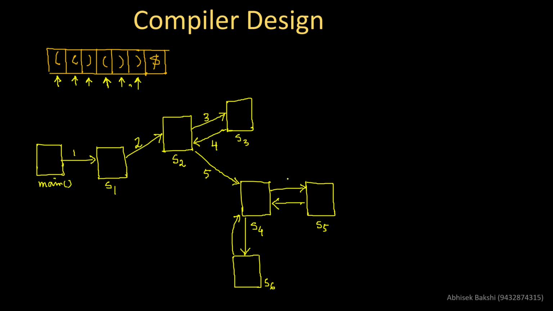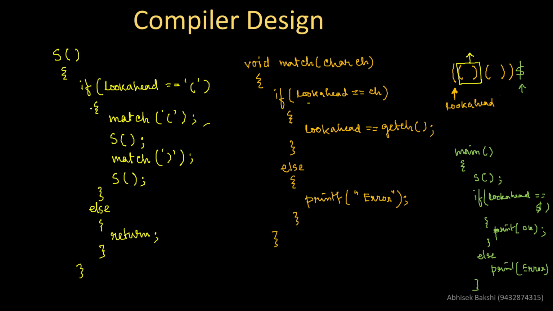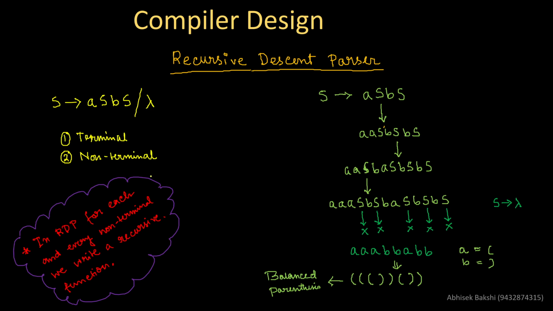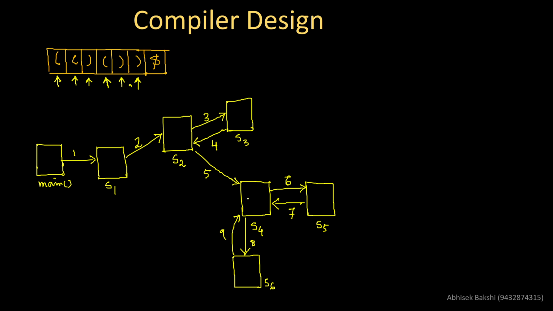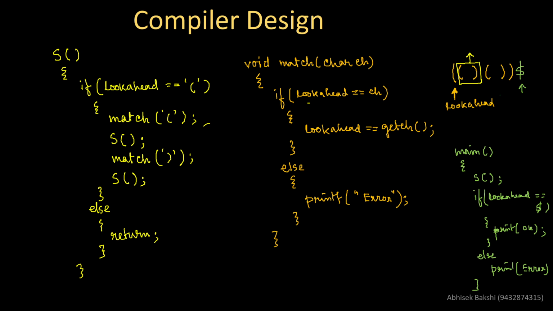By the way, let me write the numbering. 6, it is 7, it is 8, and it is 9, right? So S6 will return to S4, which line over here. So basically everything is completed in the if part of this S4 function. So naturally, if nothing is present to execute, definitely the S4 function is completed, and the control of the S4 function will return back to the calling function.